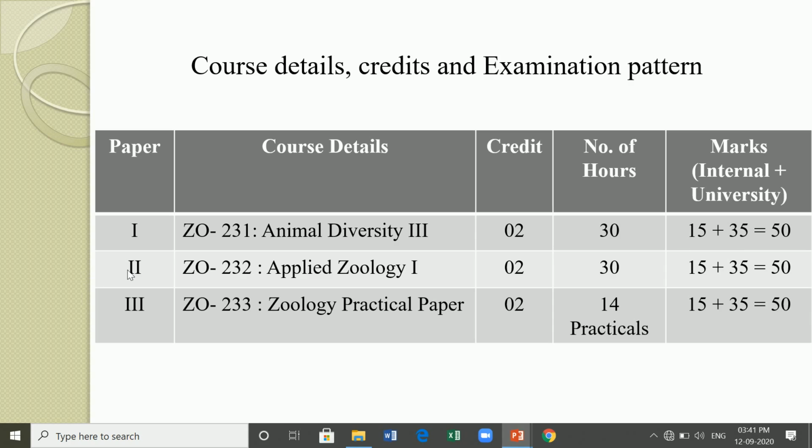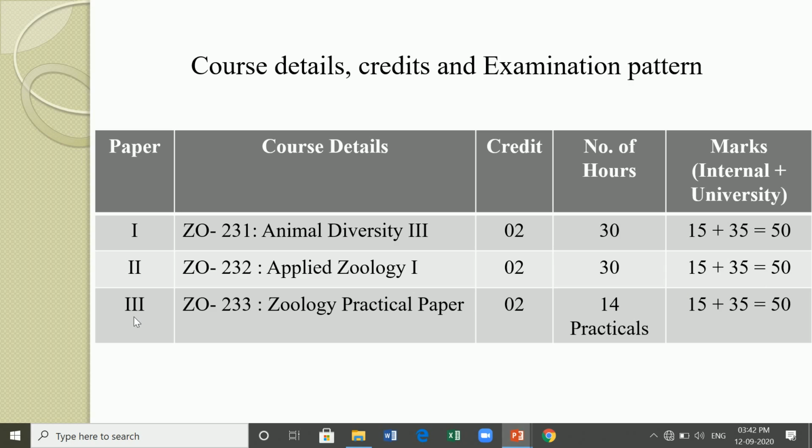Then the second theory paper, that is ZO232, applied zoology first. It also has 2 credits and a similar weightage of 30 hours, and again there are a total of 50 marks, divided as 15 for internal assessment and 35 for university assessment.